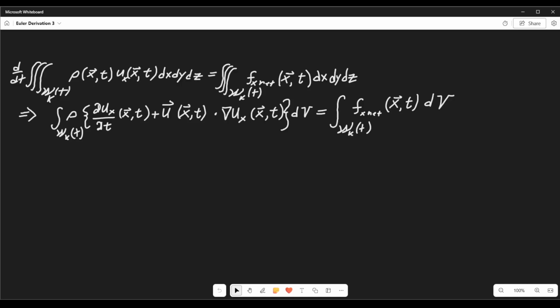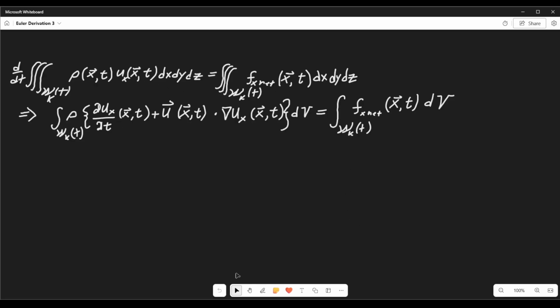Okay, so this is basically this either famous or possibly infamous equation, which is the equation that begins the derivation of the Navier-Stokes and the Euler equation.